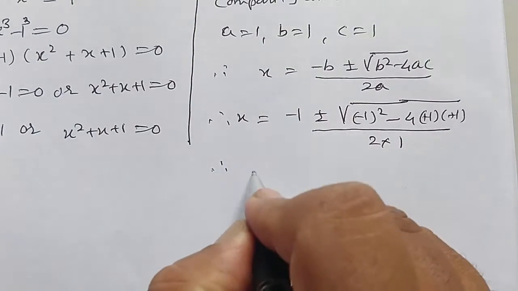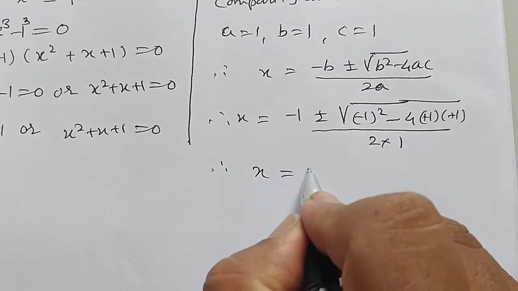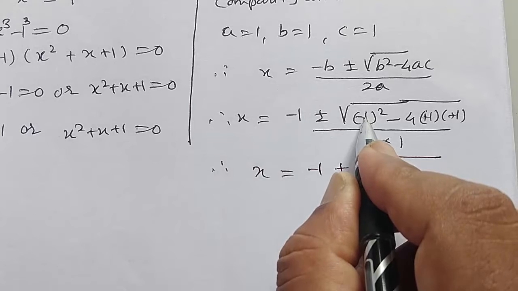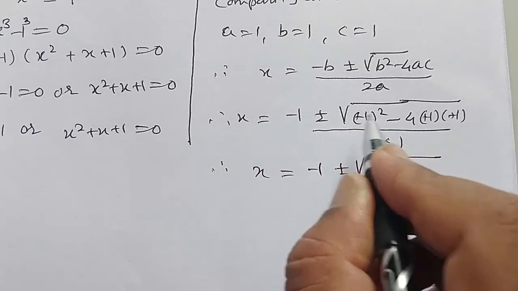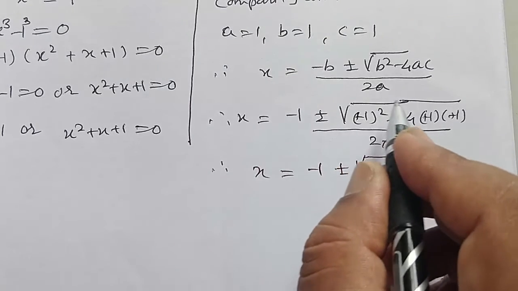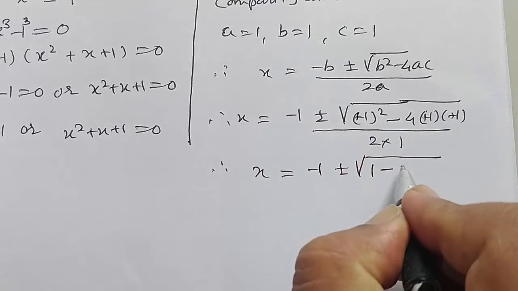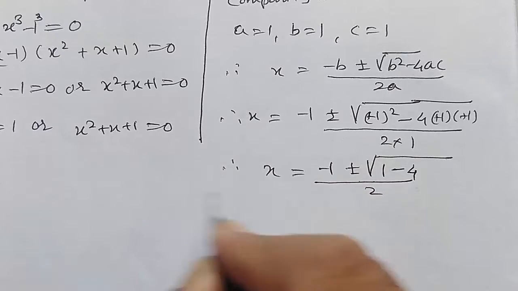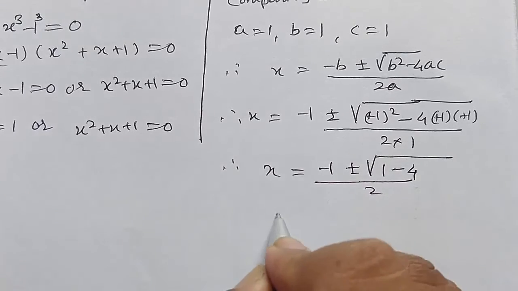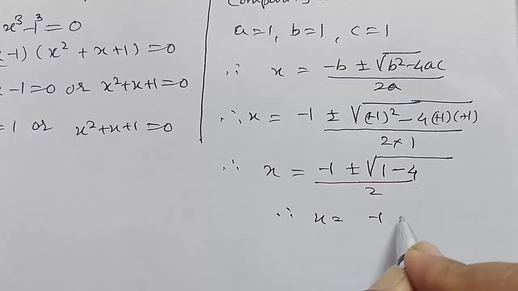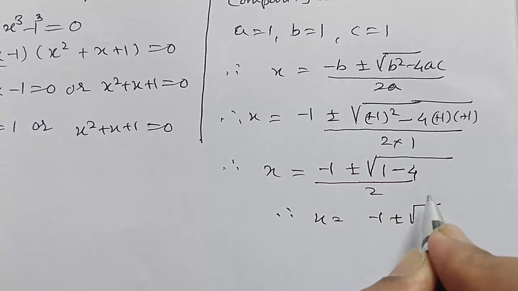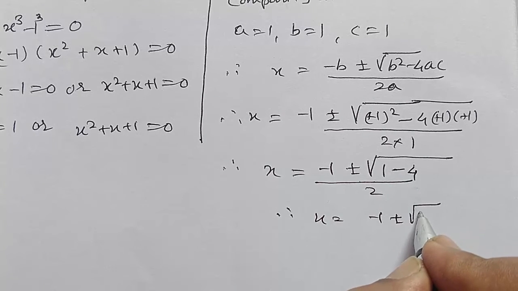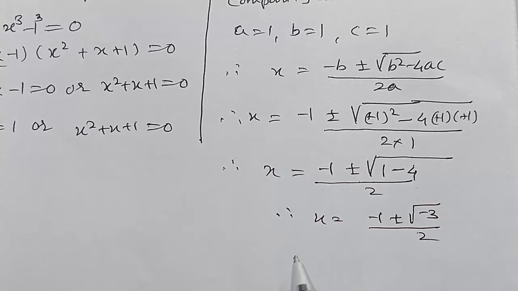Therefore, x is equal to minus 1 plus or minus under root of 1 minus 4, that is minus 3, upon 2.